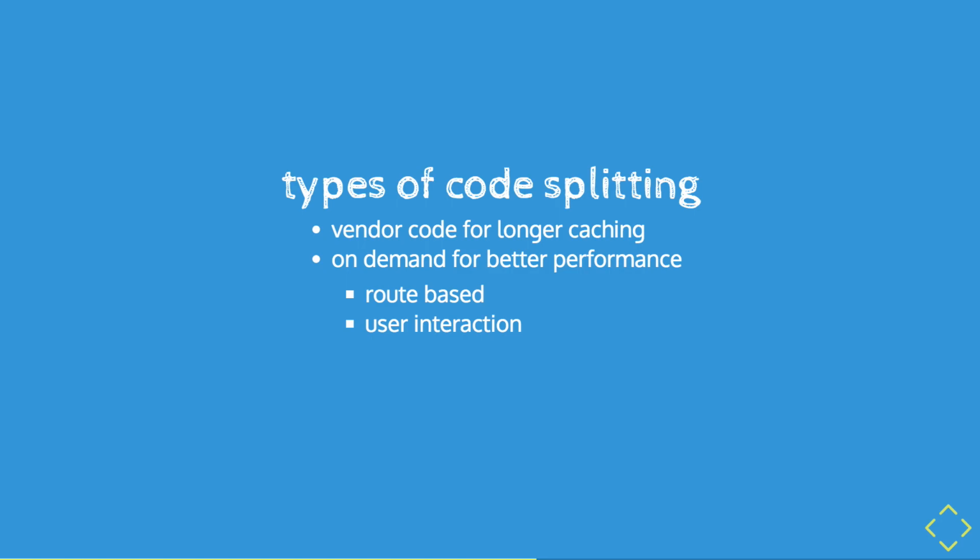Second is on demand for better performance, and that was the example on the previous slide. Two subtypes there, either route-based or some kind of user interaction. And really that example could have been either, just depending on how you configured it. Any questions about code splitting before we talk about tree shaking?